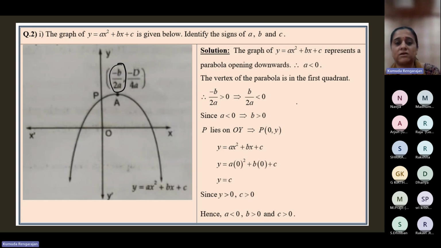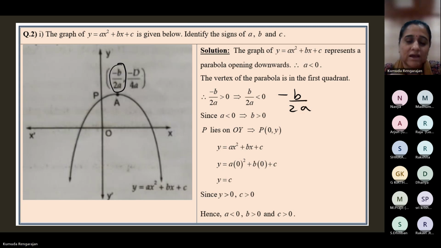Now, minus B by 2A. That is the x coordinate of the vertex. In this graph, the vertex lies in the first quadrant. The vertex can lie in any quadrant depending on how the graph is. In this graph, the vertex lies in the first quadrant.